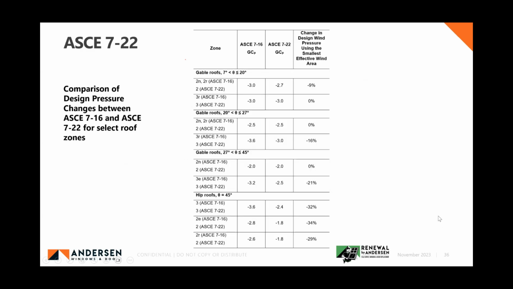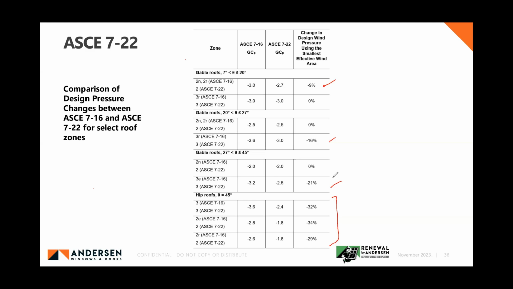So this table here gives you an example of some of the changes in terms of design pressures, and you'll notice that for the lower slopes we see some decent decreases in design wind pressures for various zones, but where we see some of the biggest changes are for steeper slopes and hip roofs, for slopes from 27 degrees to 45 degrees for hip roofs, even a 21% decrease.